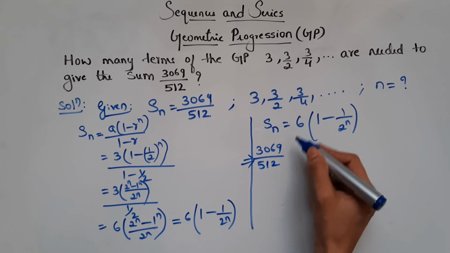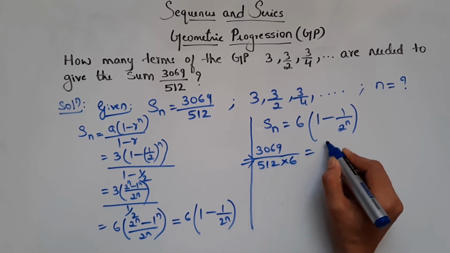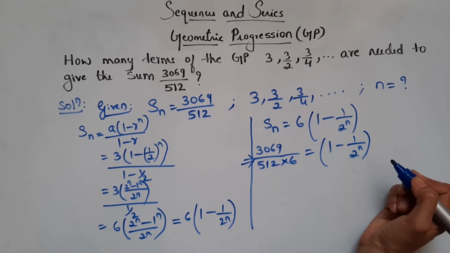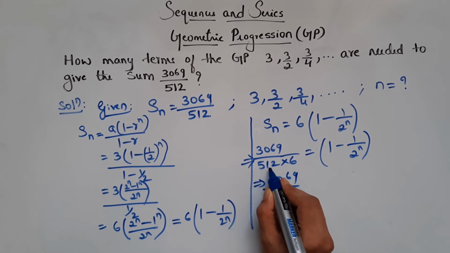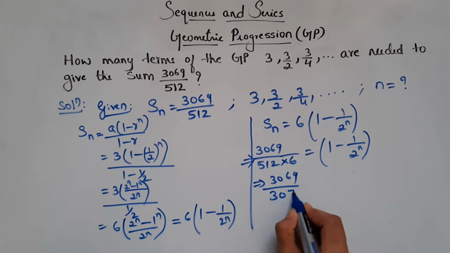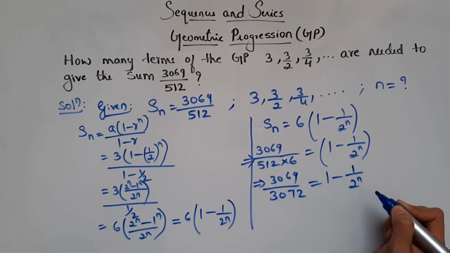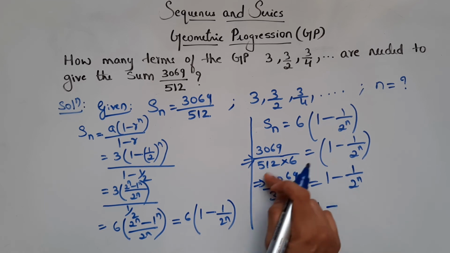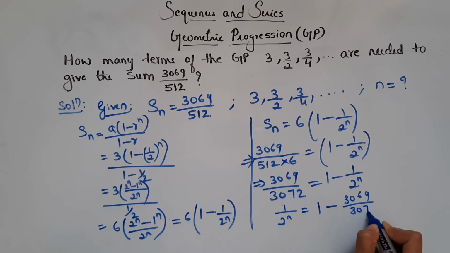Let's bring this 6 to this side, so that will be into 6 in the denominator. So we are left with 1 minus 1 by 2 power n. This implies 3069 by 512 into 6 will give you 3072, which is equal to 1 minus 1 by 2 power n. Now let's bring this term to the left hand side, that will be positive. So 1 by 2 power n is equal to 1 minus 3069 by 3072.